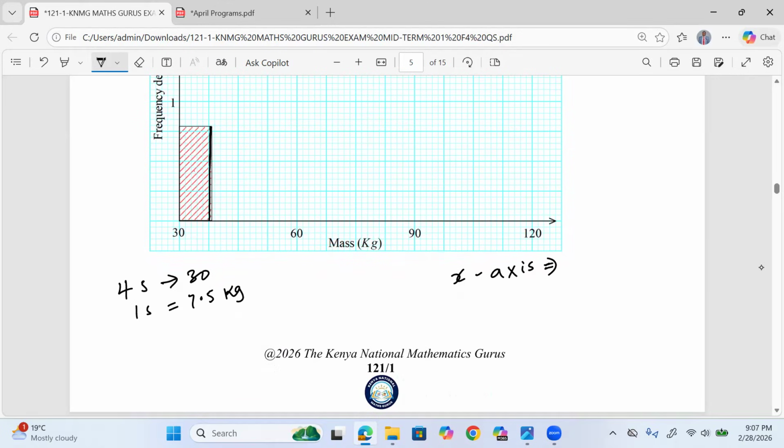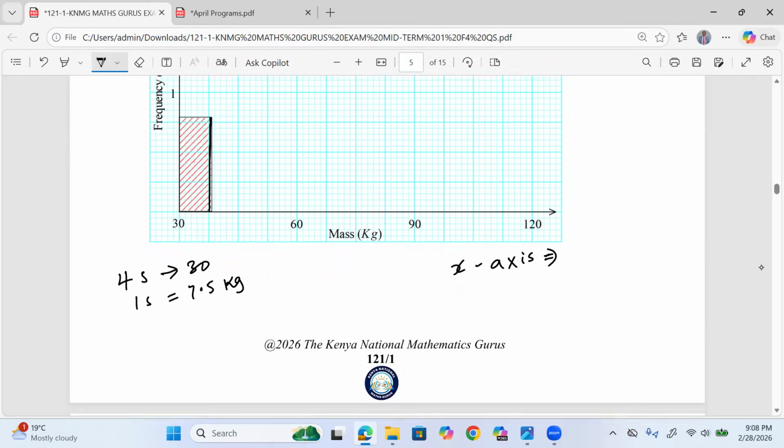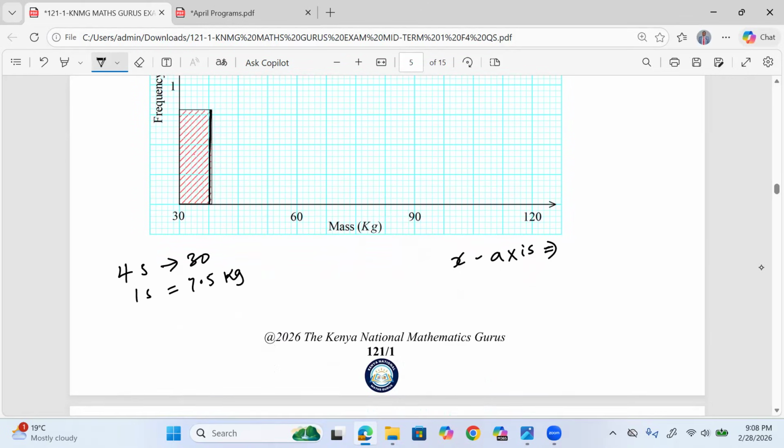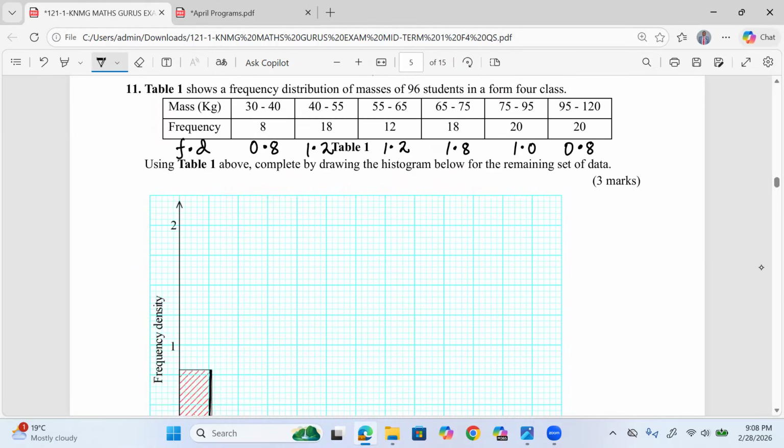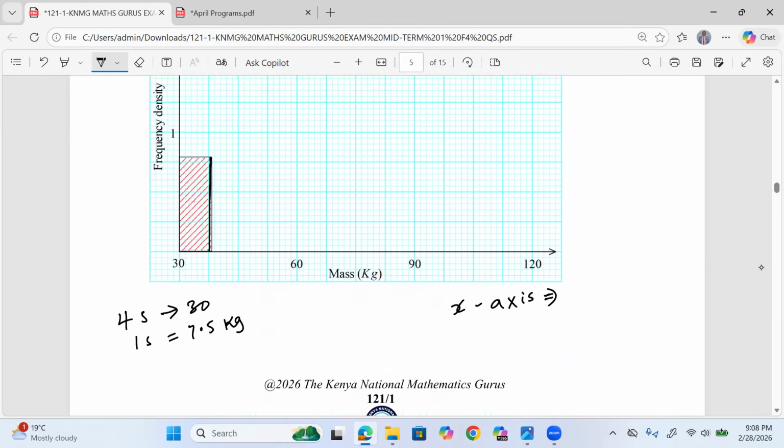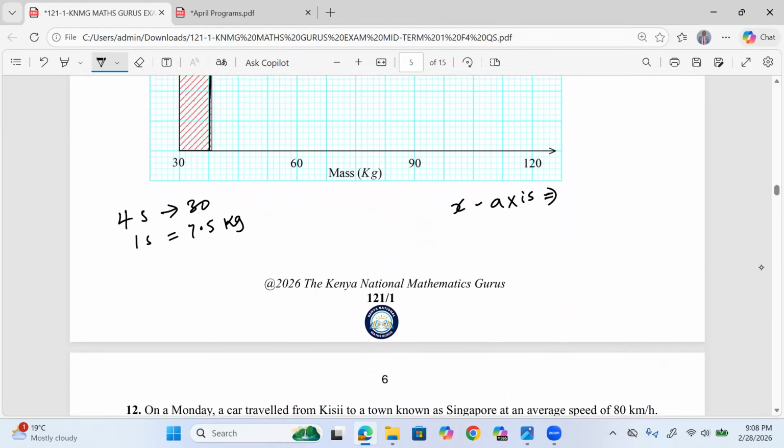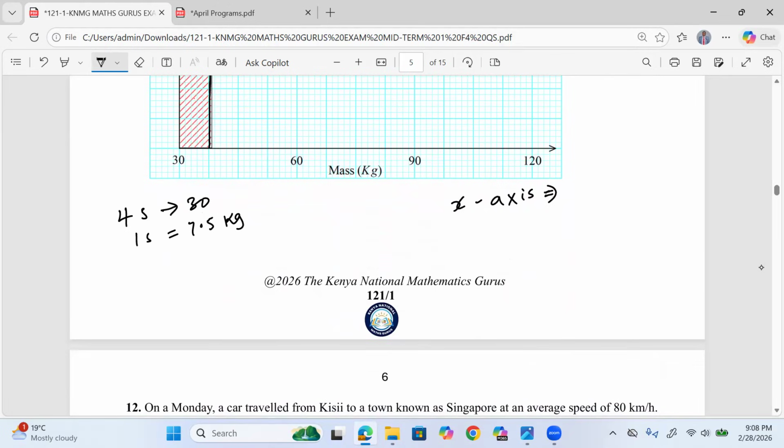So every big square is equal to 7.5 according to the scale on the x-axis. From 30 to 60, that is 30 kilograms, and they have been represented by 4 centimeters. So each centimeter is representing 7.5. I hope that is now clear. If that is clear, then we can check the small squares inside.